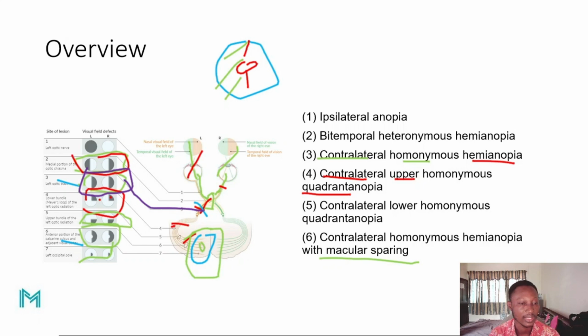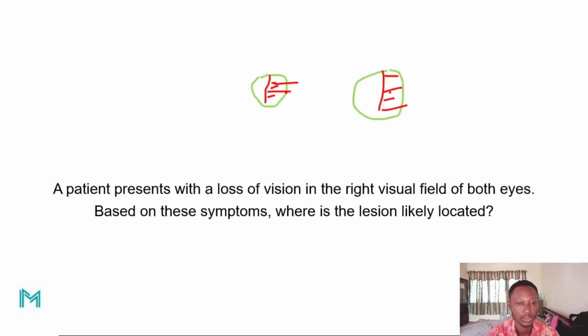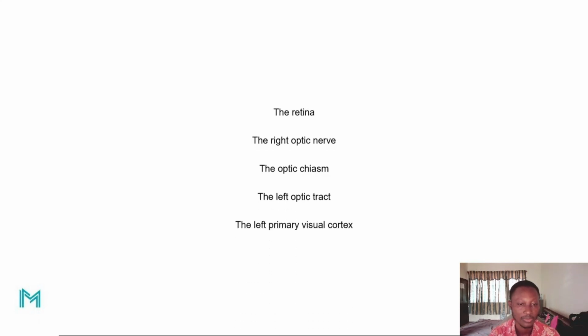And because the loss is on the right, it means that the lesion is on the left. It's contralateral. So the third, contralateral homonymous hemianopsia. All right. So now, the options again. The retina obviously is not correct. The right optic nerve is not correct too. We have the optic chiasm, the left optic tract, and the left primary visual cortex.